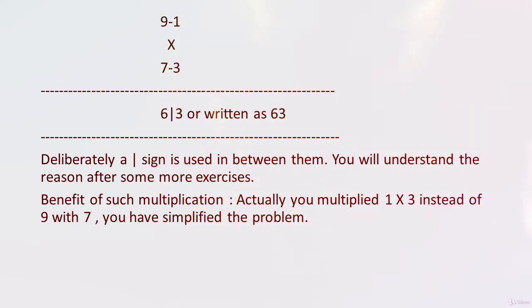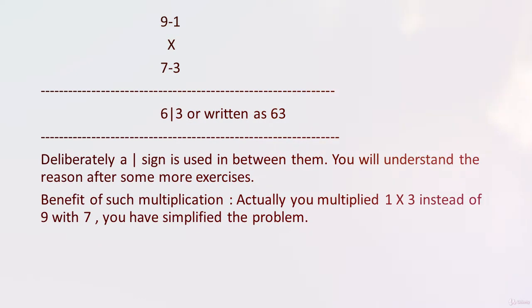Notice one thing, that in Vedic multiplications, your result will have two parts. One part will be the right hand side part and another part will be the left hand side part. In this case, you have noticed that we got our left hand side part of our answer by cross addition, by adding 9 with minus 3 and 7 with minus 1.